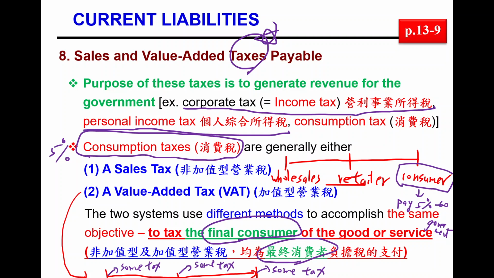But right now, most companies and industries have to use the second one, value added tax. Why? Because the government wants to get the money as soon as possible. Only for special companies or special industries could you use the first one. So the most common way right now in Taiwan is the second one, taking the tax at each step.